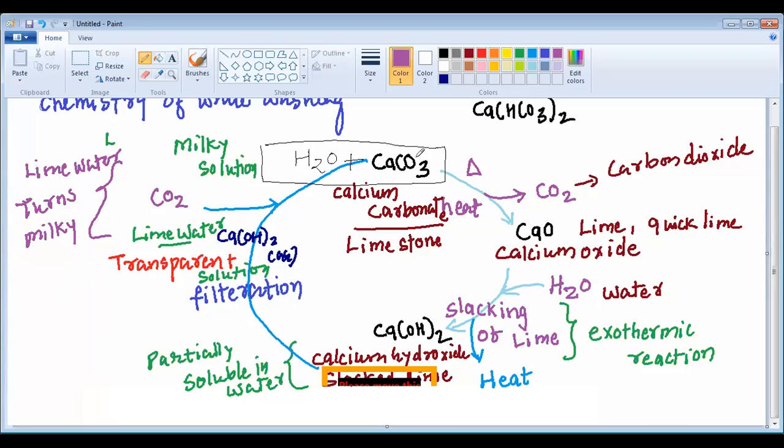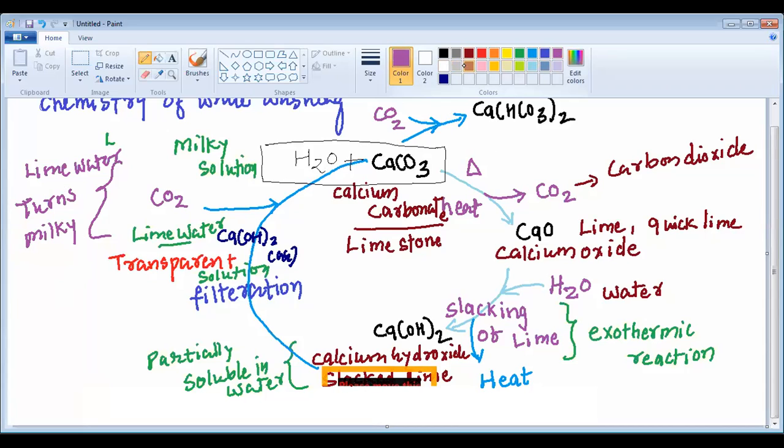Now in this milky solution, my dear students, if we pass more carbon dioxide gas, we have calcium hydrogen carbonate produced during this process.